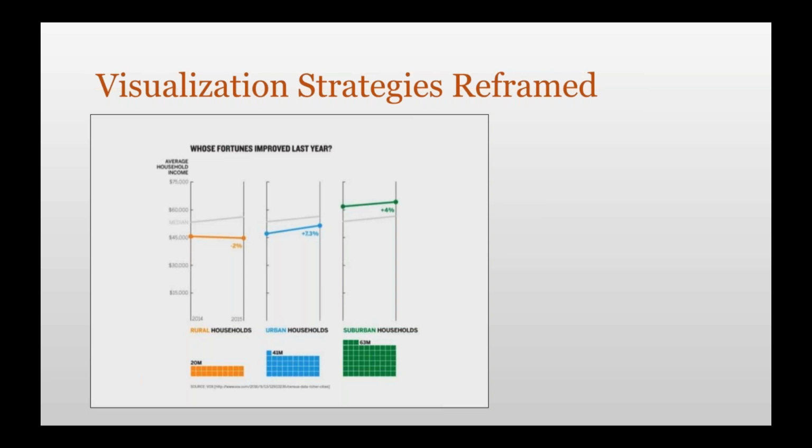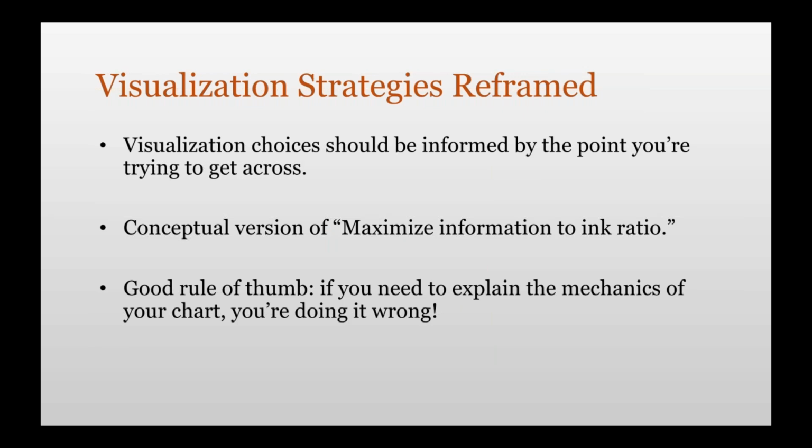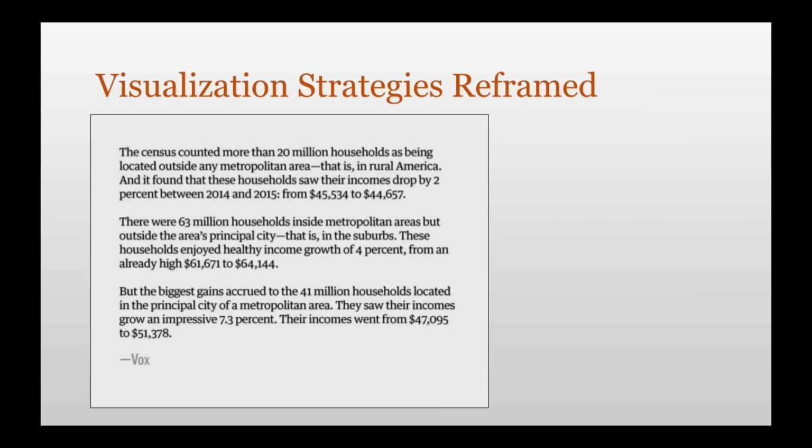So here, you could think of this as even one step beyond sparklines, where you're looking at a start and an end point, and what matters is the growth between them. In this case, it's just a difference of a year.